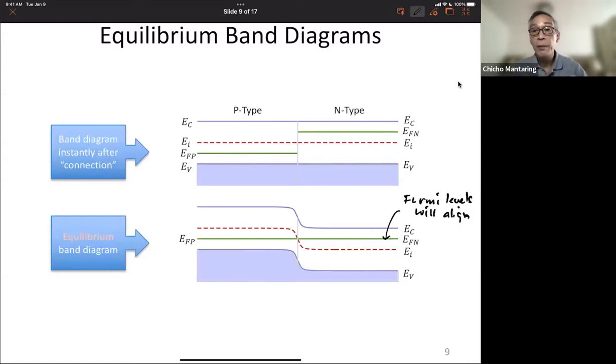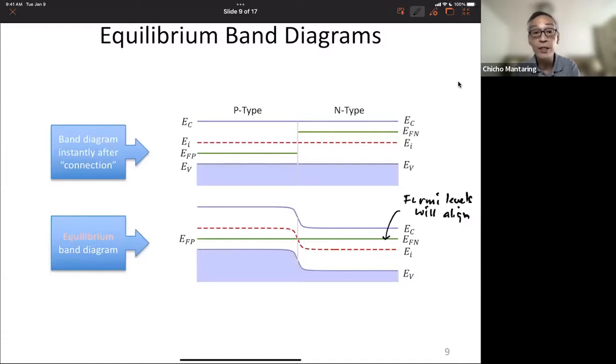So, if you look at the top diagram, what happened is your right side and left side, basically, this side, you pulled it down so that the Fermi levels of the two are aligned. And this is what it will look like now at equilibrium.